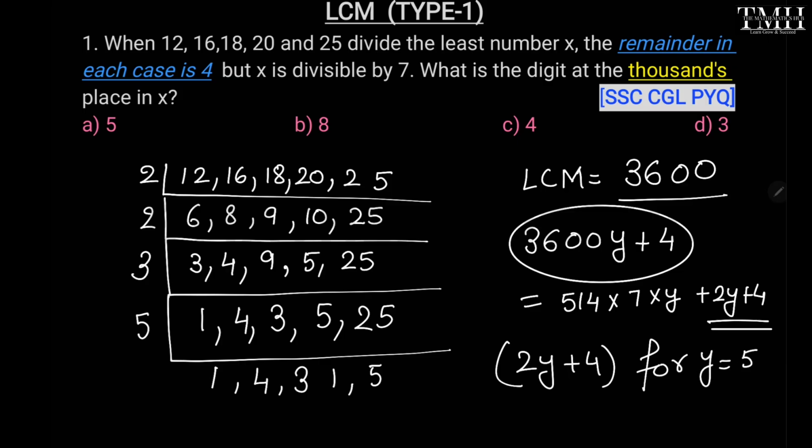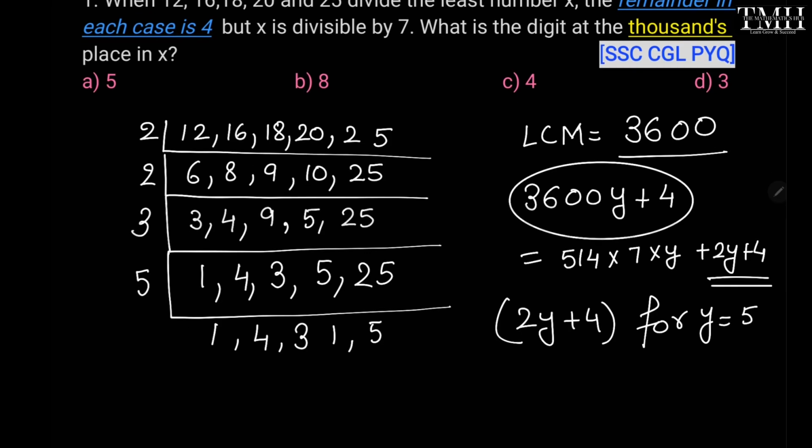How? It is very easy to find out. In the previous method, you did it by writing, and here you can do it mentally. 2 multiplied by 1 plus 4: the number is not divisible by 7. 2 multiplied by 2 plus 4: in that case also, the result is not divisible by 7. 2 multiplied by 3 plus 4 is equal to 10, which is also not divisible by 7.